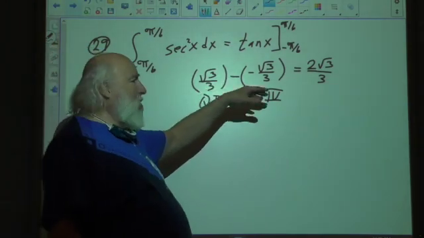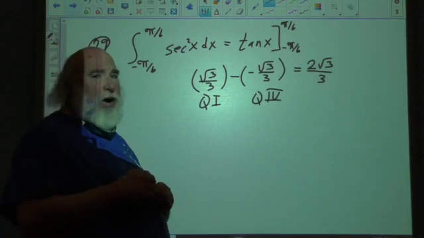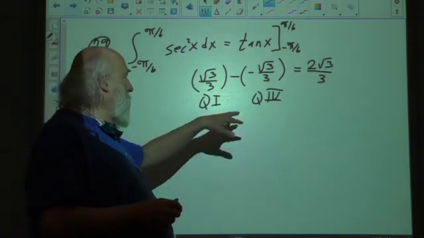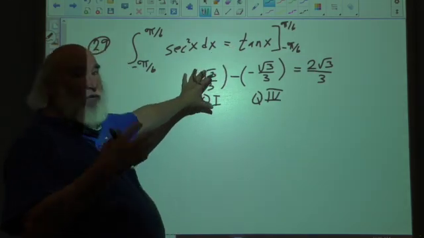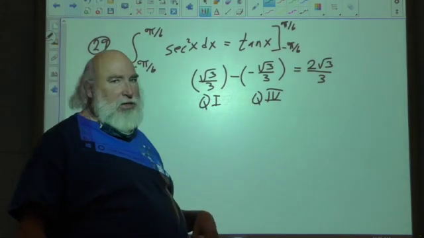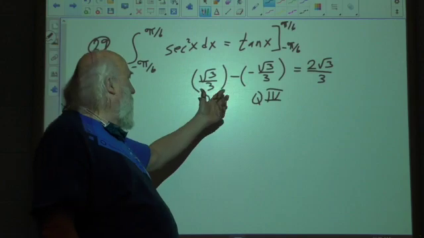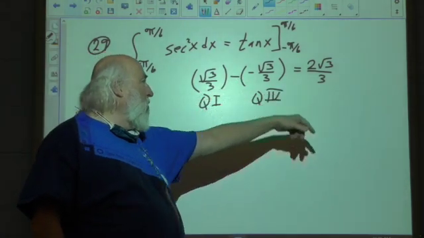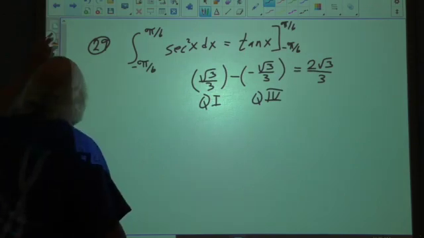Negative pi over 6 is 330 degrees, or 11 pi over 6, which is in quadrant 4. We know that the tangent of x is positive in quadrant 1. Everything is positive in quadrant 1. But in quadrant 4, the tangent is negative; it's positive in 3 and not 4. So that's a negative value. And so that becomes plus and positive, and you get 2 root 3 for the answer for that.